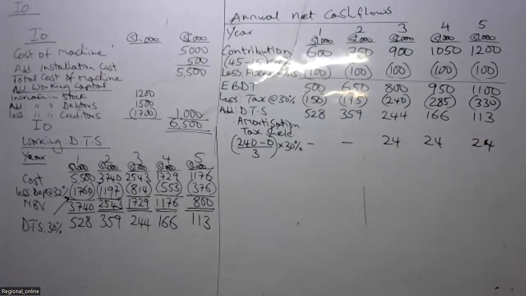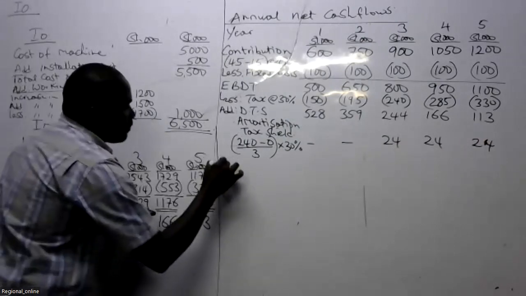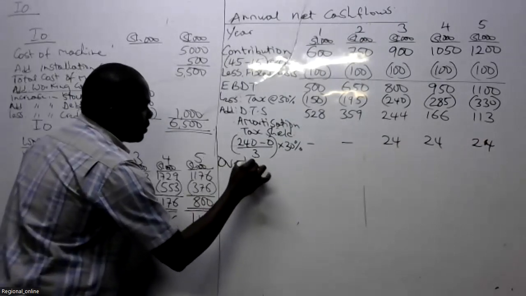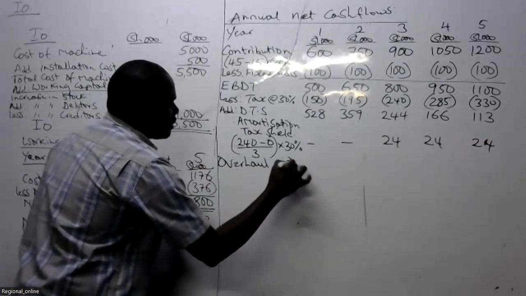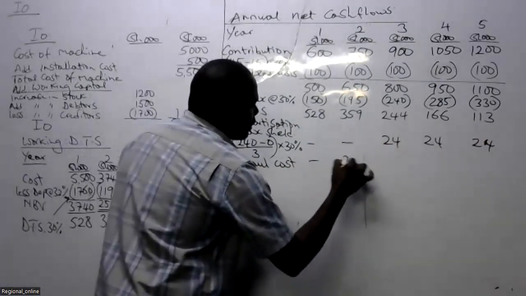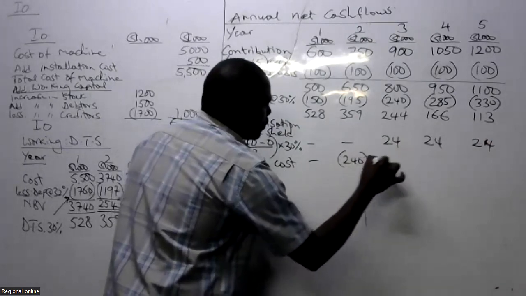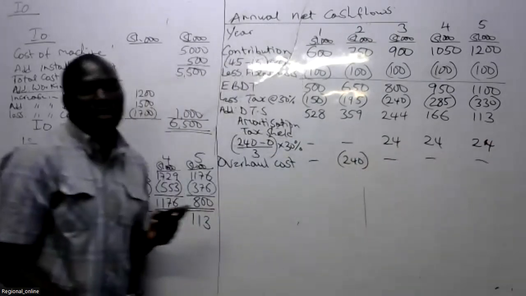Then when you finish, now appreciate that there is a cost. An overall cost. An amount of how much in year 2? 240 cash is going out.